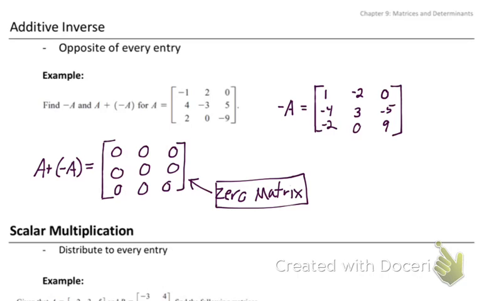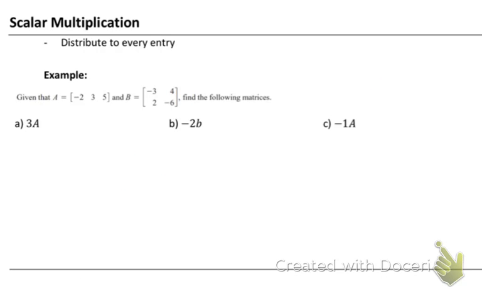Okay, the last thing we're going to talk about is scalar multiplication. Scalar multiplication is distribute to every entry or every element. That's all scalar multiplication is. So if I have 3 times A, another way to write 3 times A is we can write 3 times the matrix, negative 2, 3, 5. So I'm just going to multiply that 3 to every element.